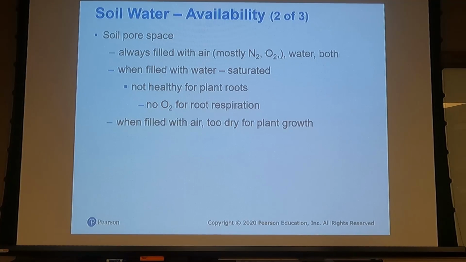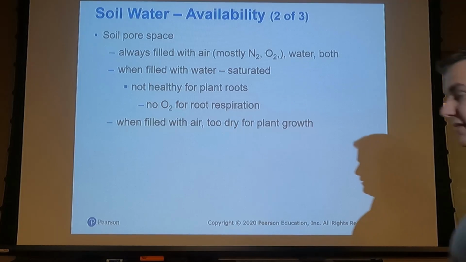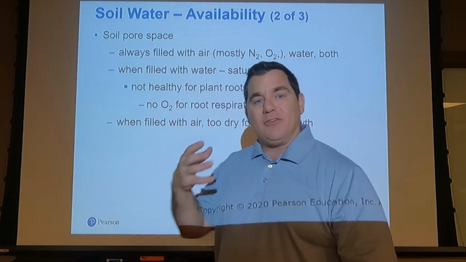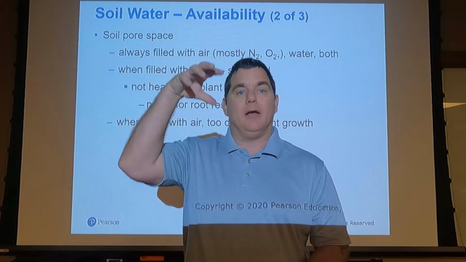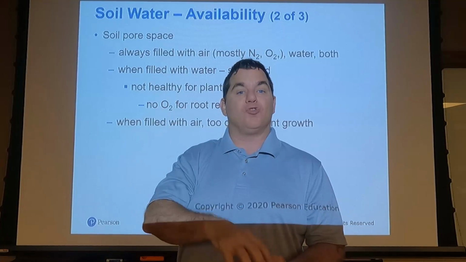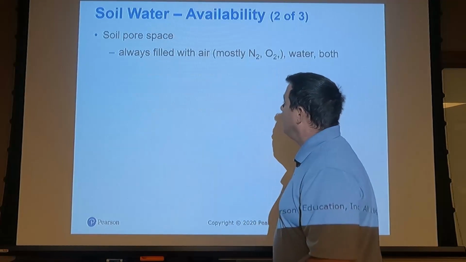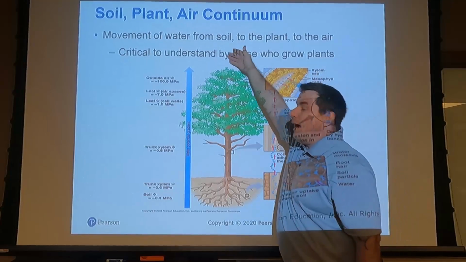Likewise, when there's no water, it'll be too dry for plant growth, and we get an embolism. Plants are like a straw, continuously sucking moisture from the soil to move out the top.